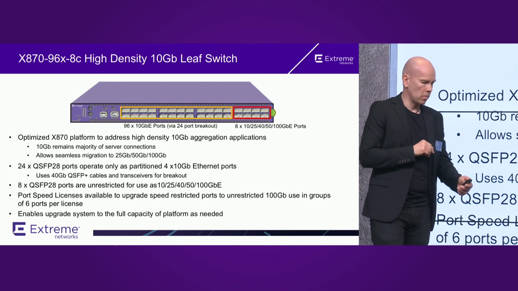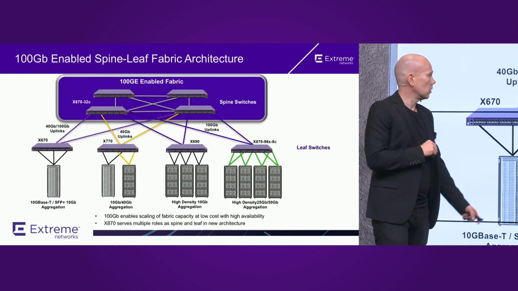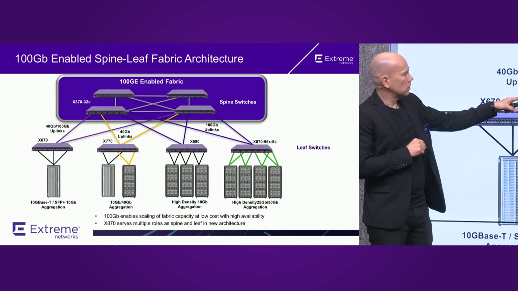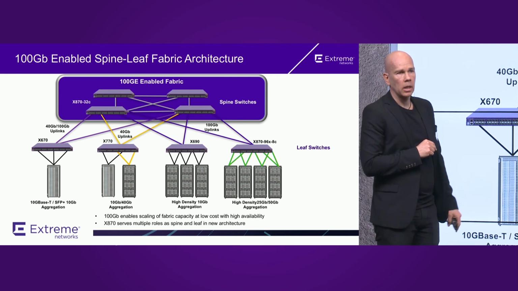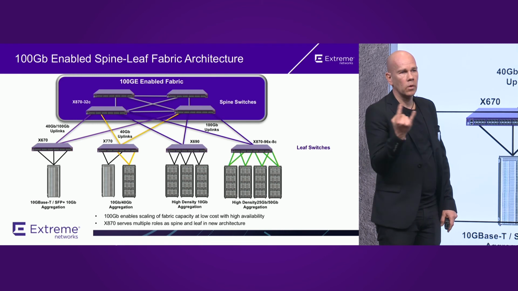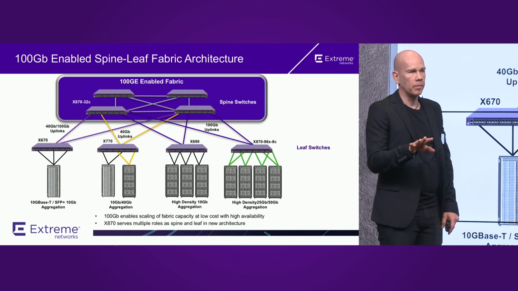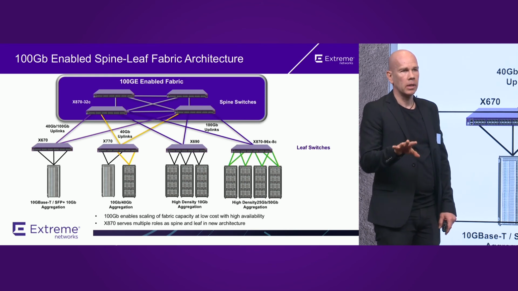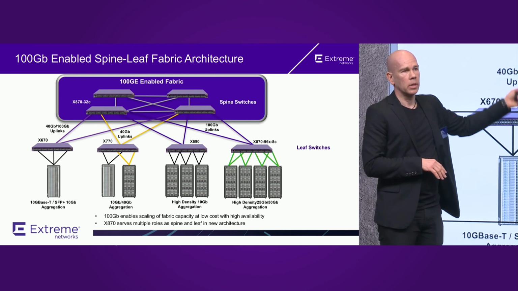So this is kind of going back to this picture, showing you that I could use the 870 96X as a leaf device with a few 100 gigs uplinking. But I also have some future proofing on that one, because eventually I could upgrade that given device to a complete spine switch with 32 times 100.